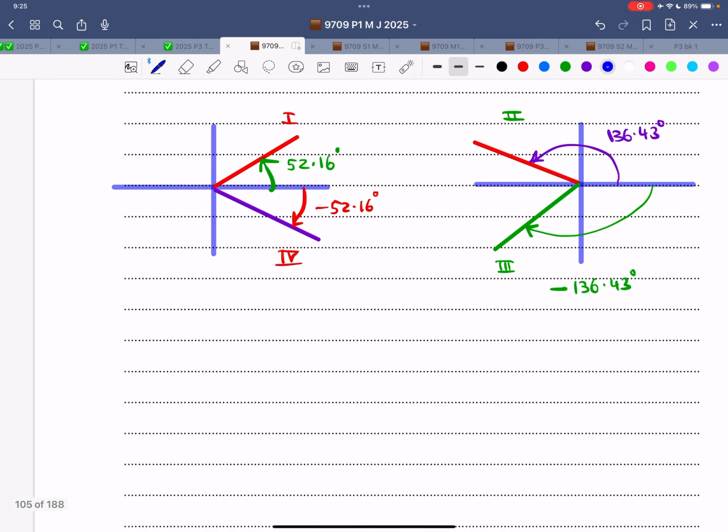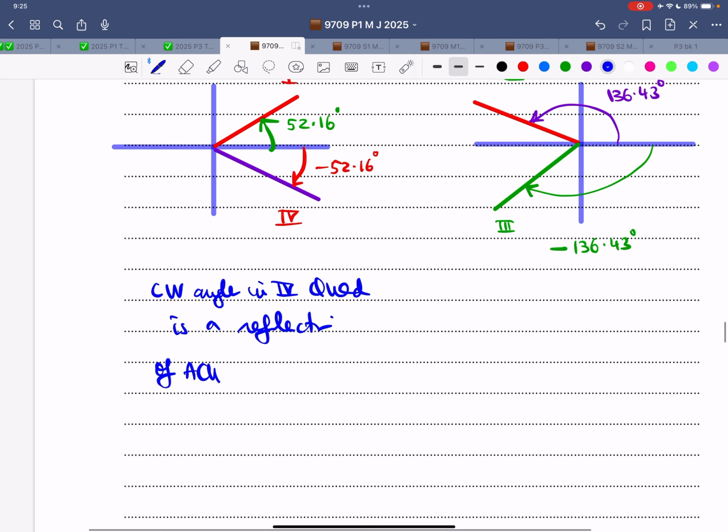Also, the clockwise angle in fourth quadrant is a reflection of the anti-clockwise angle in first quadrant. Got the idea?